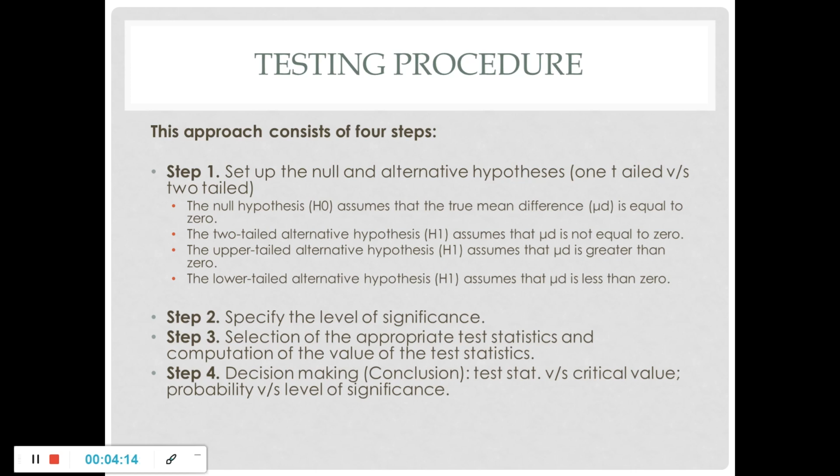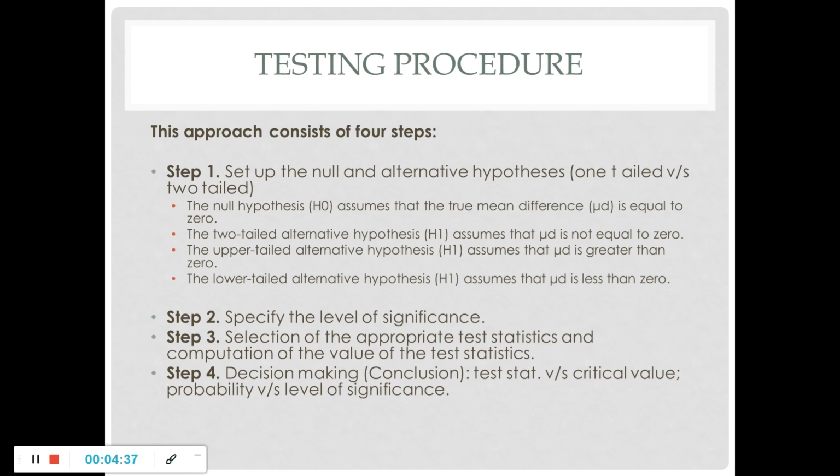You have a lower-tailed alternative hypothesis, which assumes that the true mean difference is less than zero. So you have three alternative hypotheses against one null hypothesis, which says that the true mean difference or the population mean difference is equal to zero.